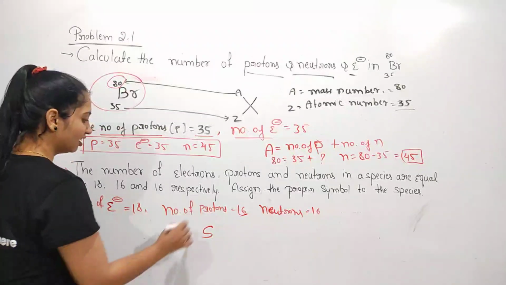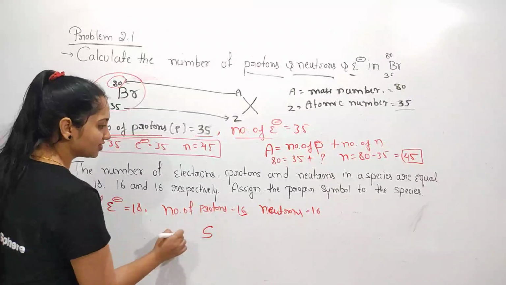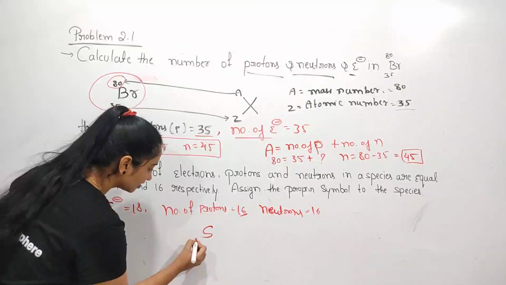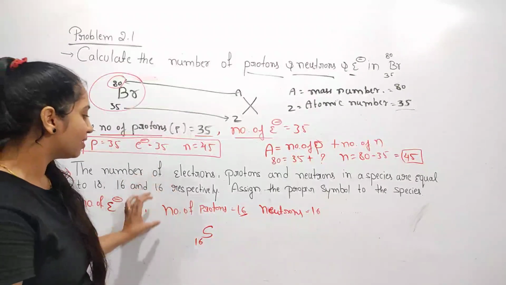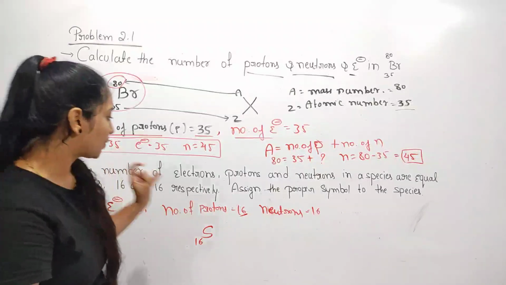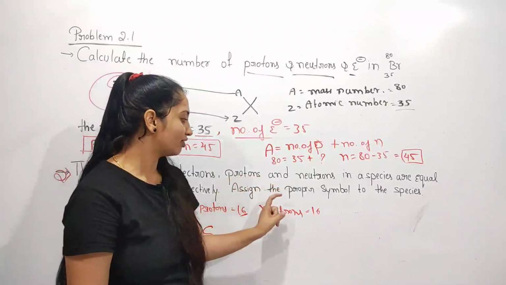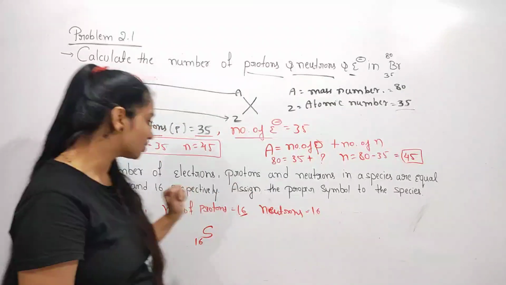Then see here, the number of protons we know is 16, and next the number of protons plus the number of neutrons is equal to how much?